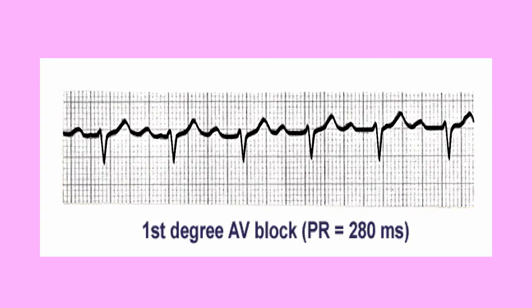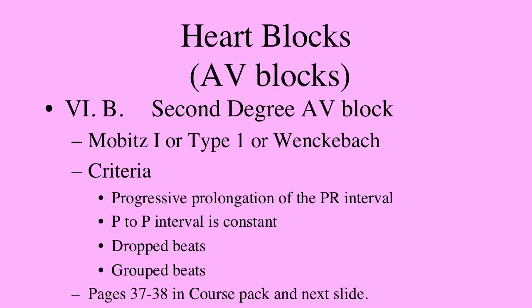With second degree AV block, on the next slide, you have 2 possibilities. You have second degree AV block, Mobitz 1, or called type 1, or sometimes called Wenckebach. And that's just 3 different names for second degree AV block type 1, 3 different ways to say it. The criteria for this is shown on page 37 as far as an example EKG and criteria listed on this page.